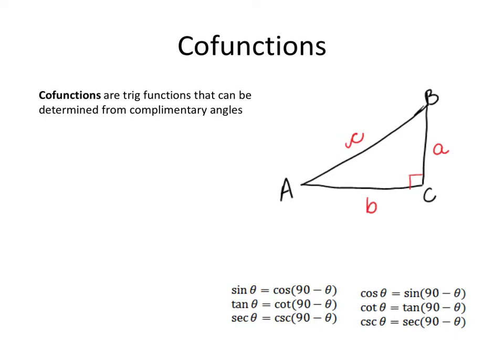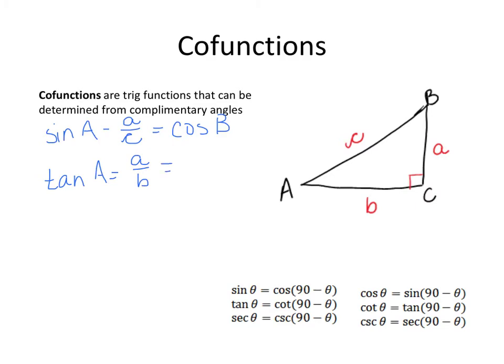Sine and cosine, secant and cosecant, tangent and cotangent are all called cofunctions. Looking at this triangle shown, we know that the sine of A is a over c. That's also cosine of B. Tangent of A is a over b.